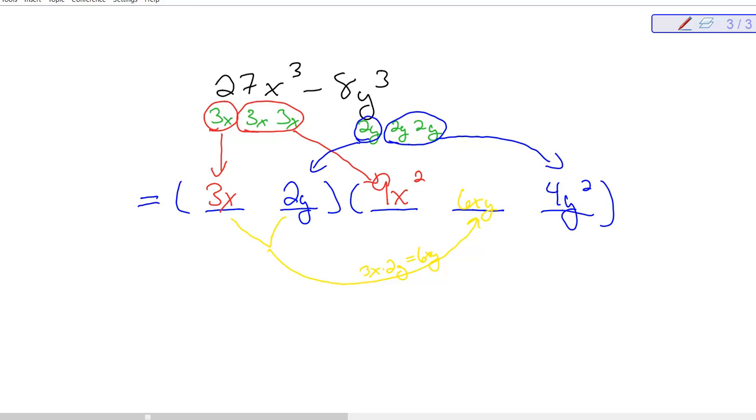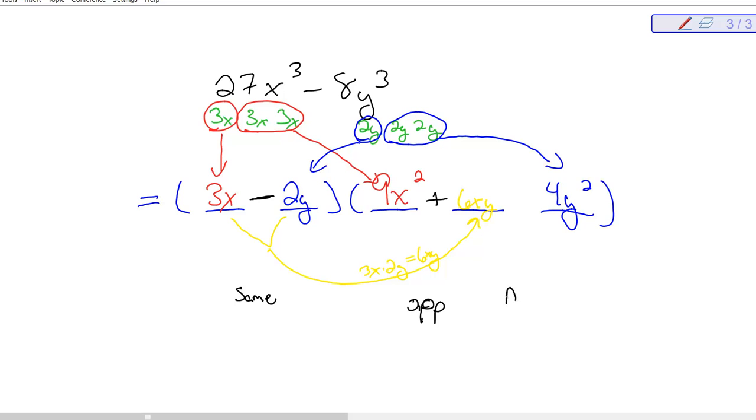Then I start looking at my signs. I started with a subtraction sign. My first sign is always the same as what I start with. My second sign is the opposite of what I start with. So if I started with a subtraction, this one's going to become an addition.